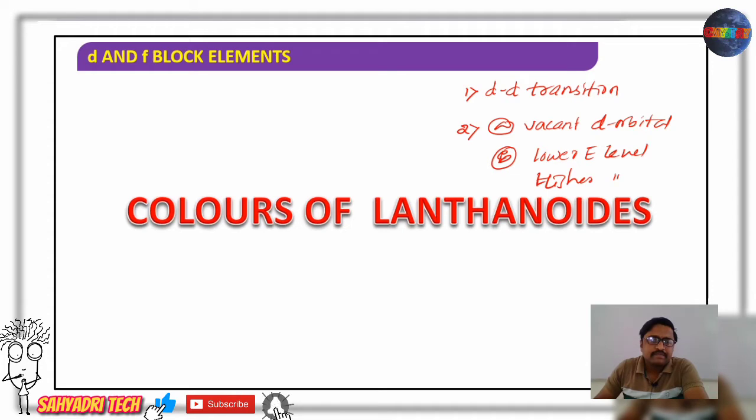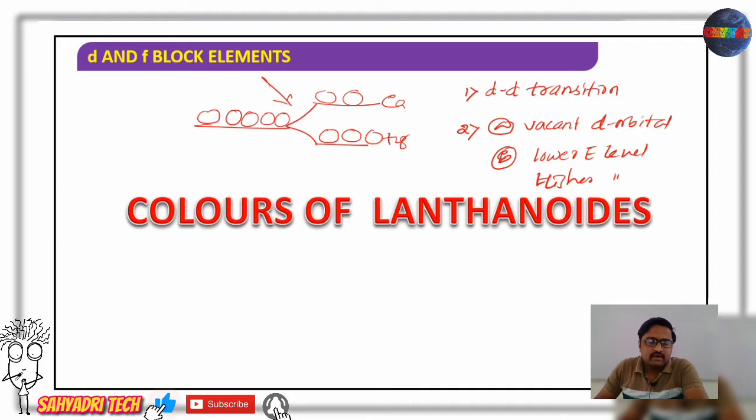In d orbitals there are 5 orbitals, 1, 2, 3, 4, 5. These 5 orbitals split into 2 energy levels, a set of 3 orbitals and a set of 2 orbitals, called t2g and eg. Whenever light radiation, that is energy, approaches the electron, it goes from the lower energy level to the higher energy level, and being unstable there, it comes back to its ground state by liberating energy.